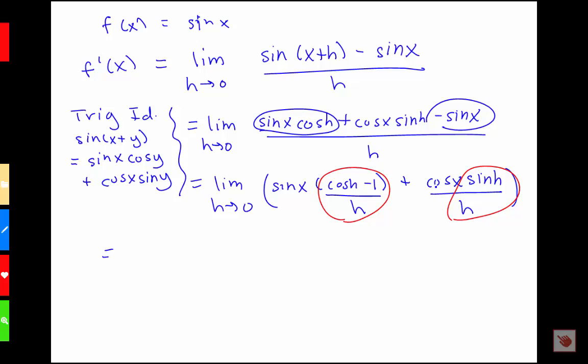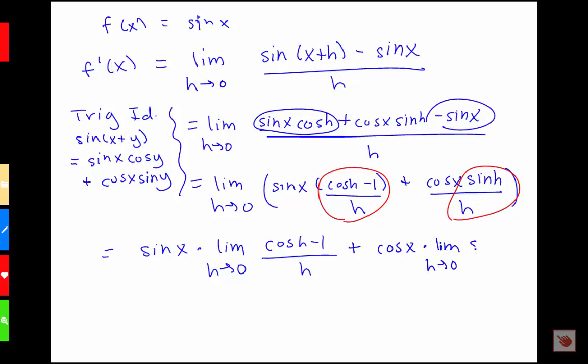So this sine x and this cosine x could actually get pulled outside of our limit notation. And we could use our limit laws to look at the limit of this first thing plus the limit of the second thing. So what we have here is sine x times the limit as h goes to 0 of cosine h minus 1 over h plus cosine x times the limit as h goes to 0 of sine h over h.